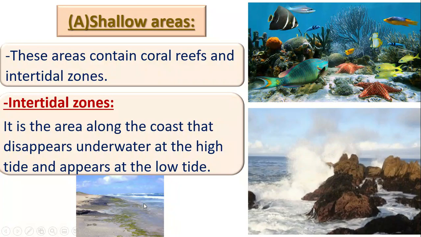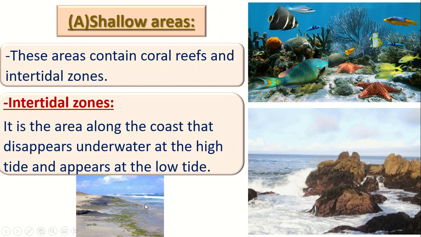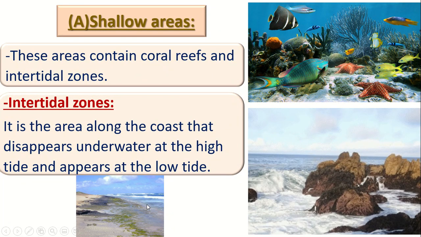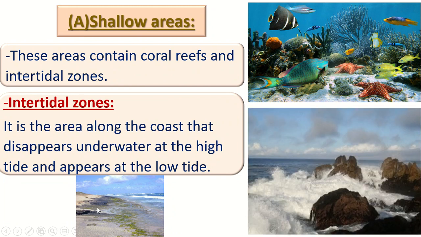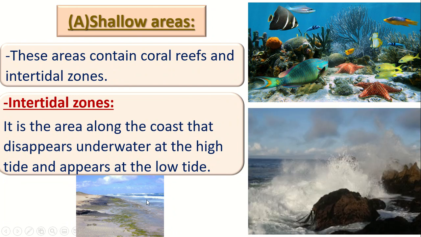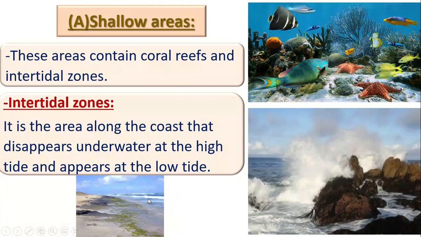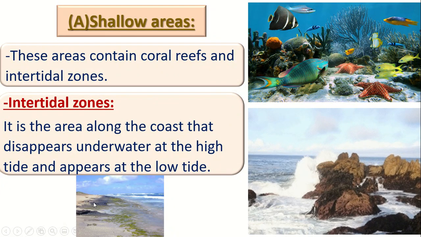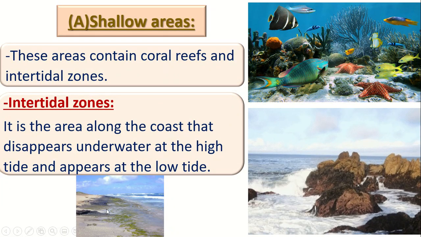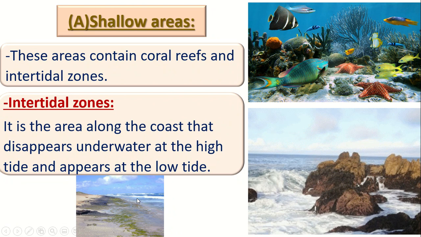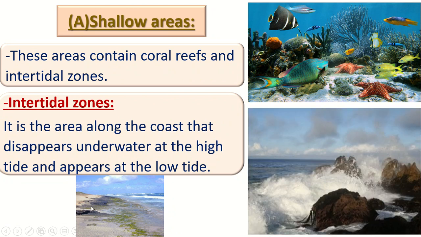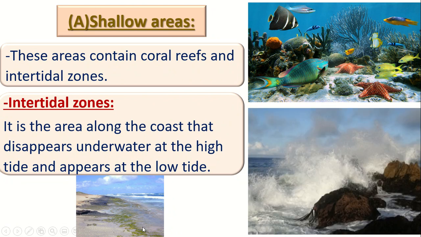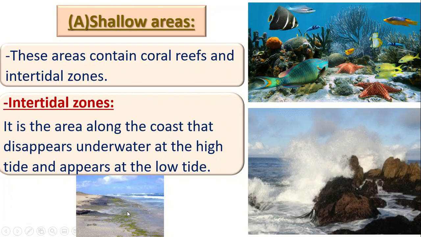So the intertidal zone disappears underwater by high tide and appears again by low tide. This area is called the intertidal zone, and it can be found on the coast.